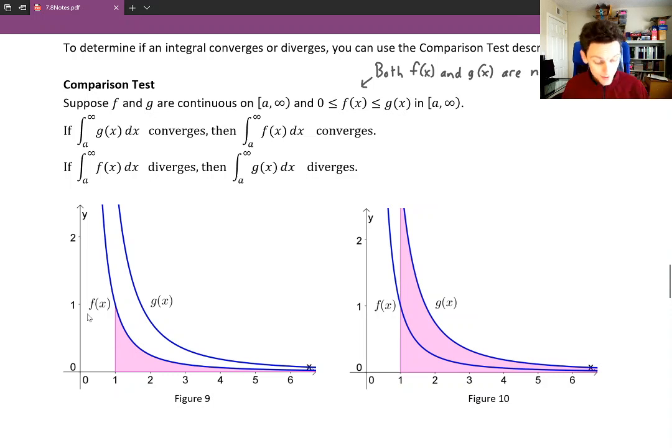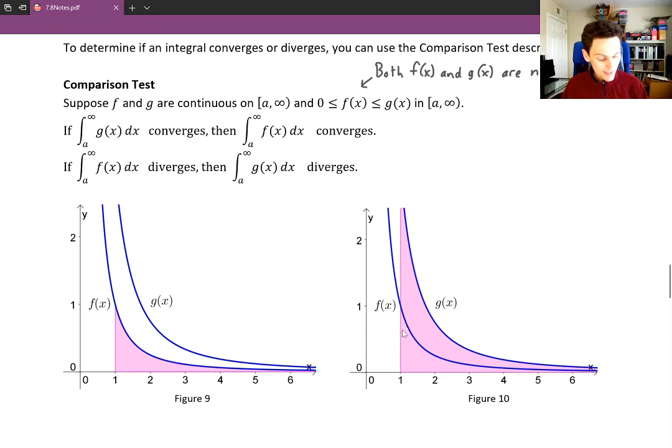And then there's a reverse case as well. It says if the integral from a to infinity of f of x diverges, so it blows up to have infinite area, then the integral from a to infinity of g of x, which is bigger, is also going to have to diverge because it's got more area under its curve.